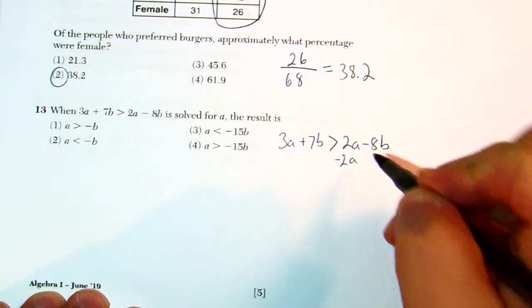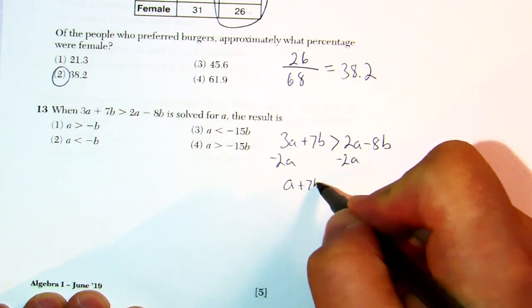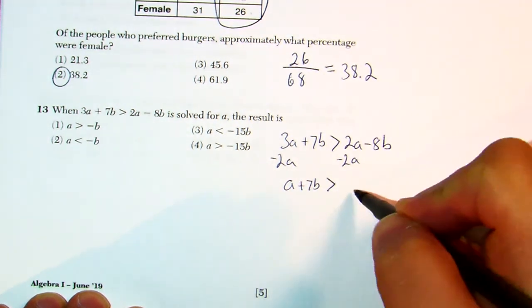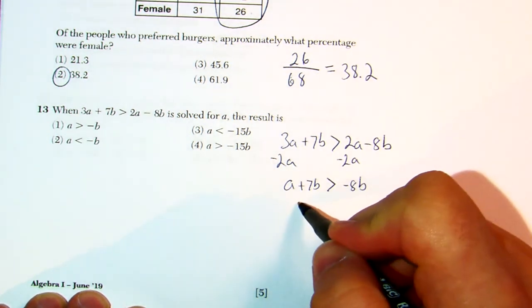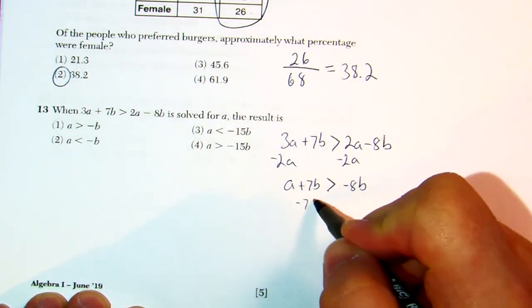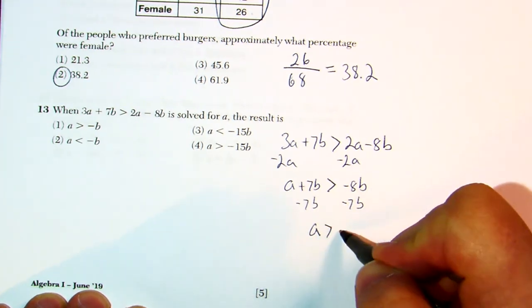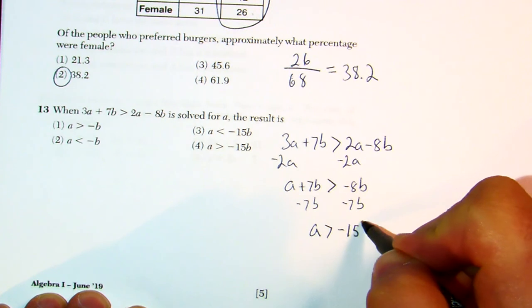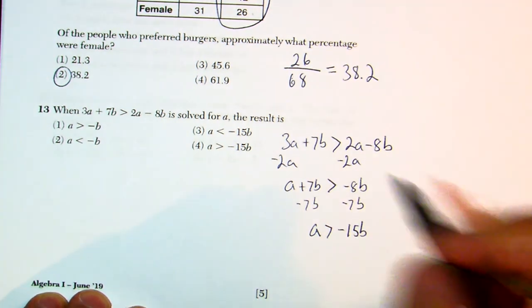So subtract 2a. So I'm left with a plus 7b greater than negative 8b. Okay, now I'm going to subtract 7b on both sides. a is greater than negative 15b. And that gives me choice 4.